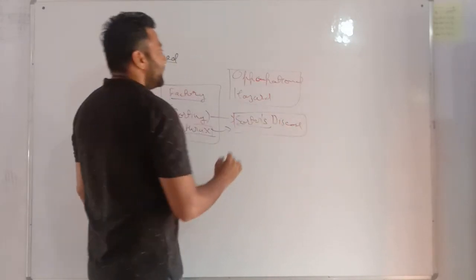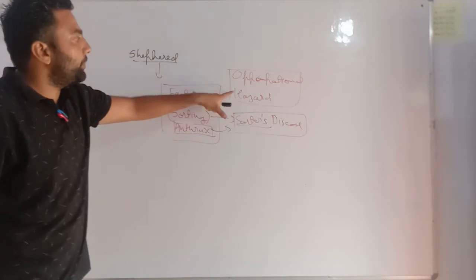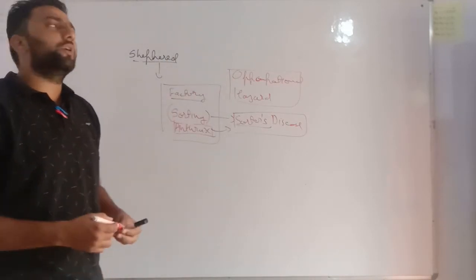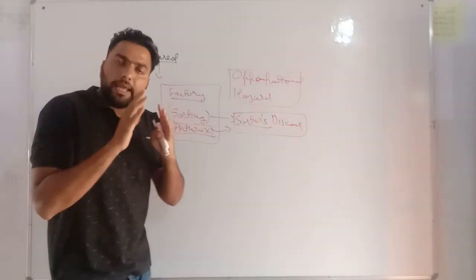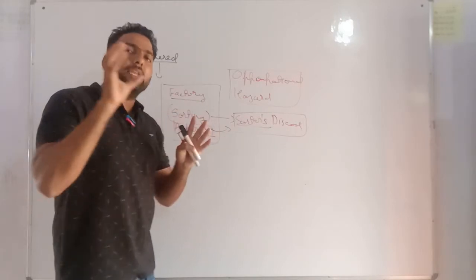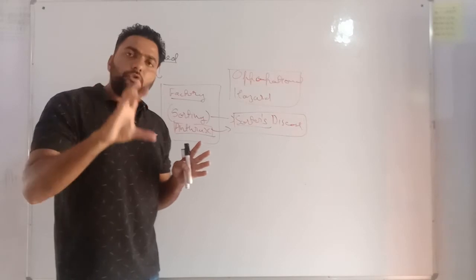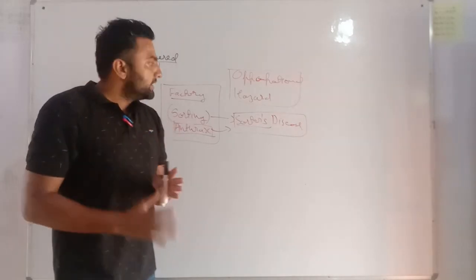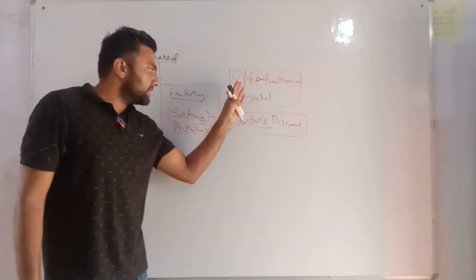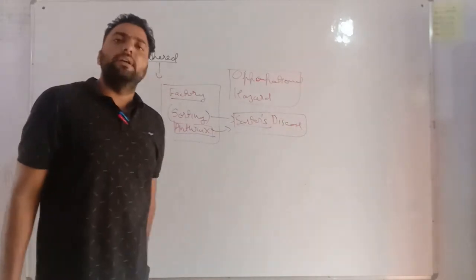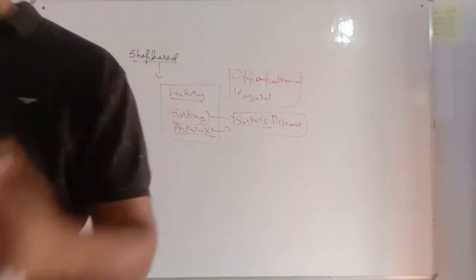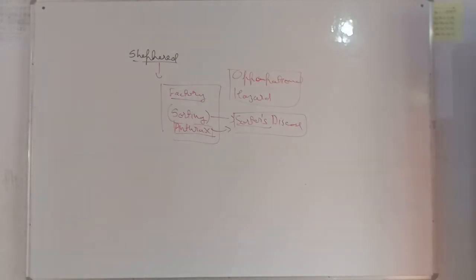So, very important, the wool industry has an occupational hazard, that is sorters' disease. What is an occupational hazard? In any business or any work a person is doing, if some disease is especially related to that occupation, such diseases are known as occupational hazards, and sorters' disease is the occupational hazard of the wool industry.